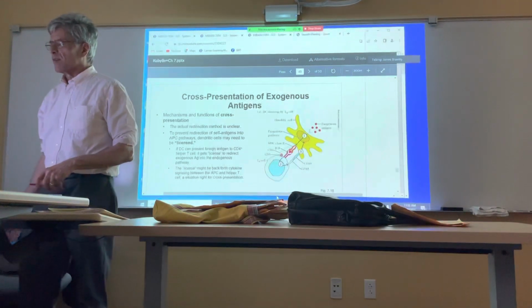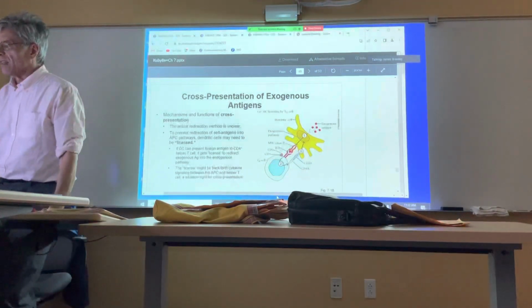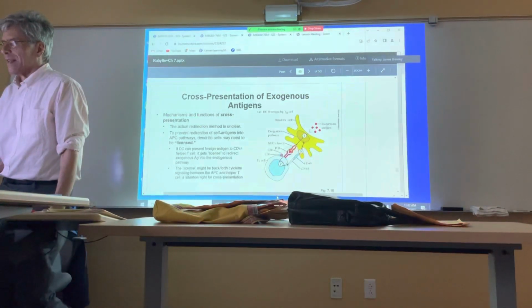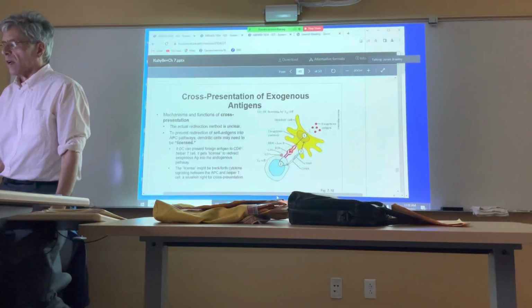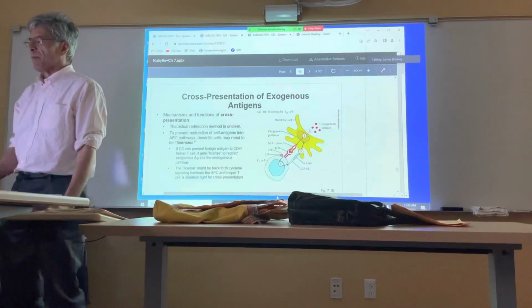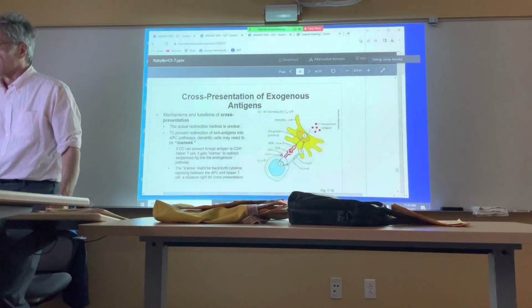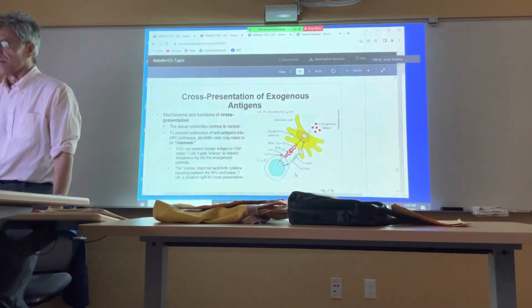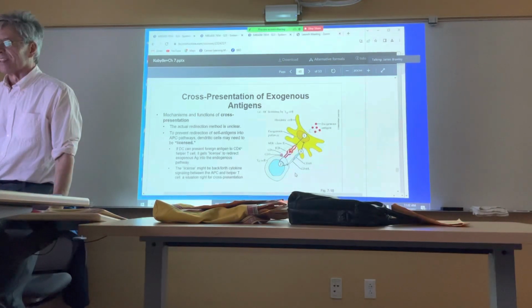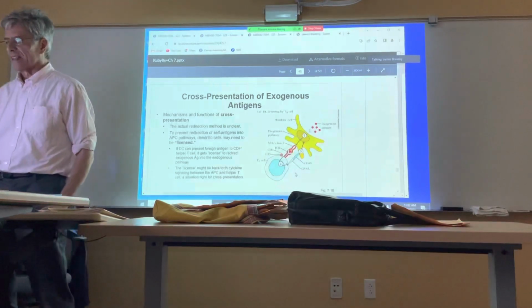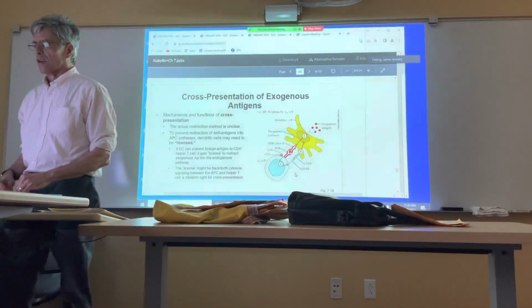So here we have the idea of a dendritic cell interacting with a T helper cell and stimulating that T helper cell, but also that T helper cell sending signals back to the dendritic cell. So now it's licensed to redirect exogenous antigen into the endogenous pathway. So there's some evidence for this. So back and forth signaling going both ways.